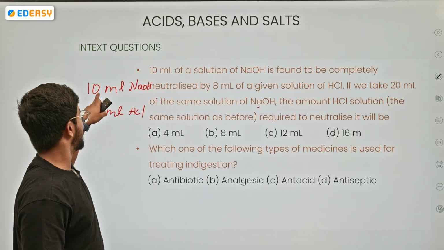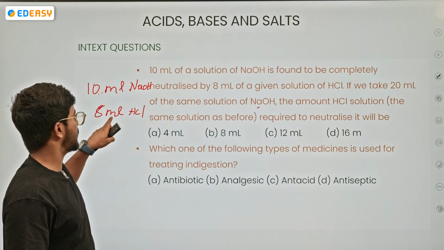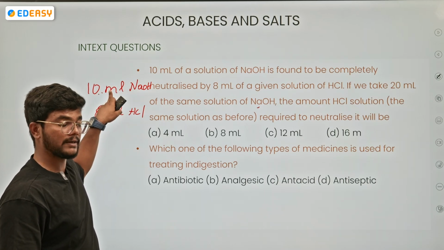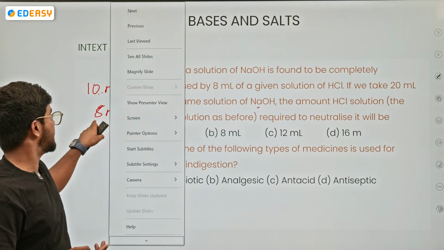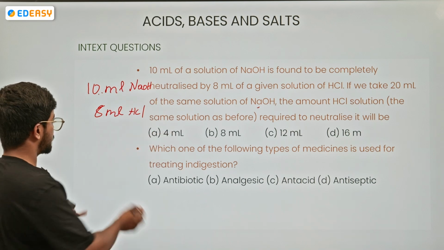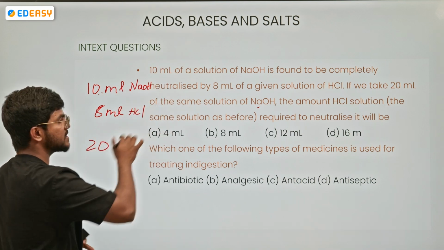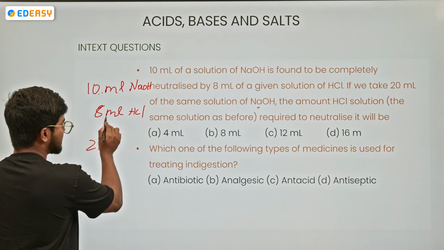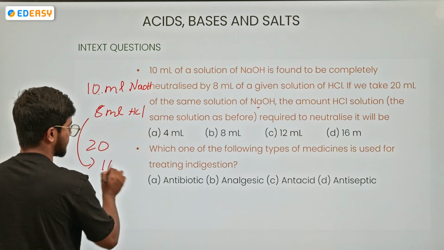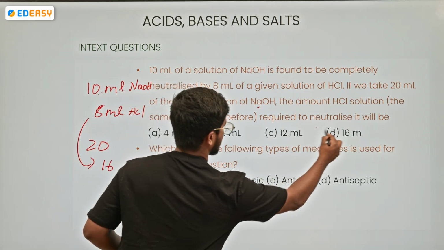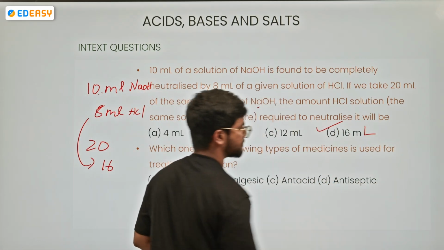For 10 ml NaOH we need 8 ml HCl, so for 20 ml NaOH, the HCl should be doubled, which is 16 ml.